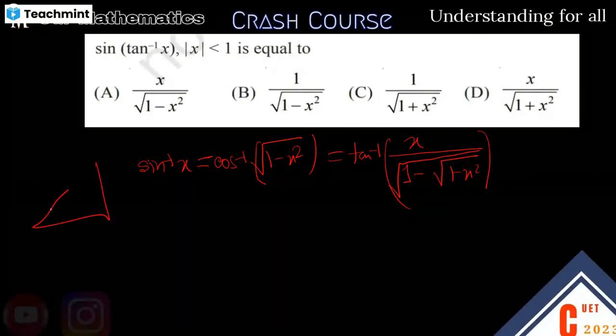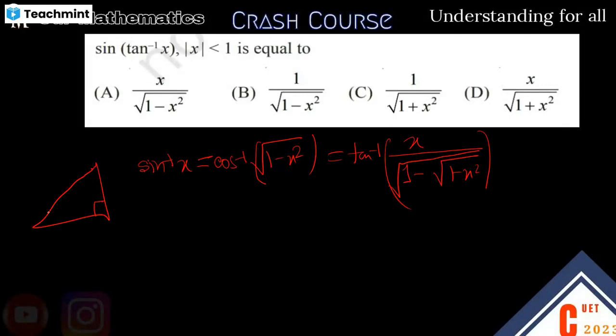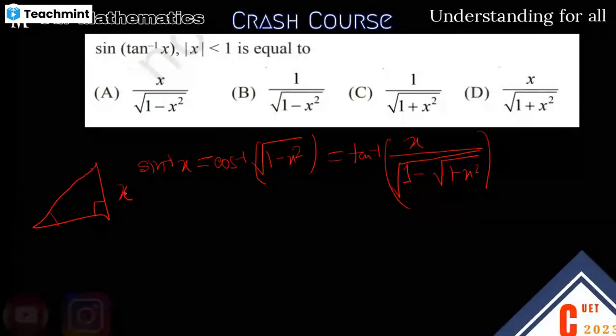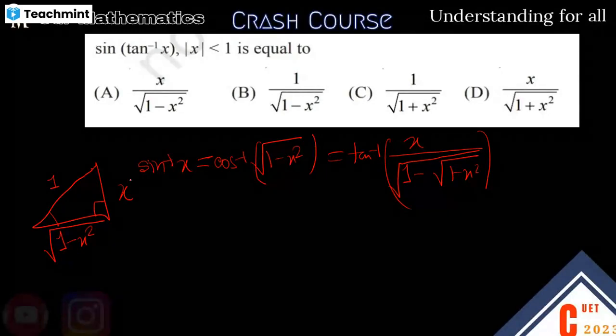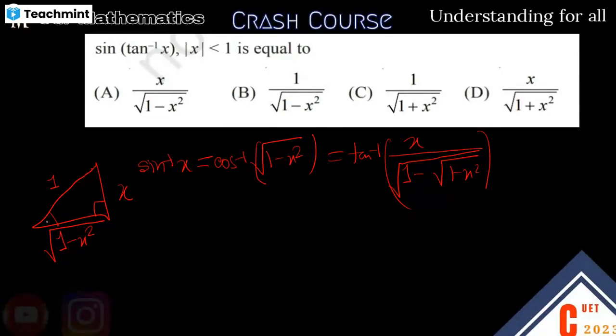For example, this is 90 degree. Take this as sin inverse x: the perpendicular is x, the hypotenuse is 1, then what will the base be? Using Pythagoras formula, the base will be root over 1 minus x square.